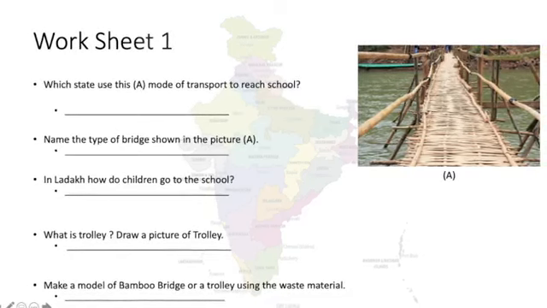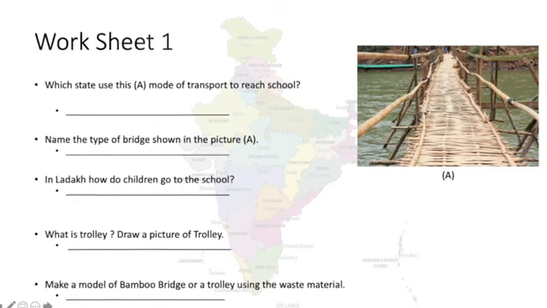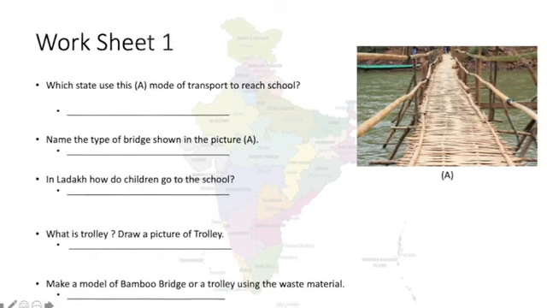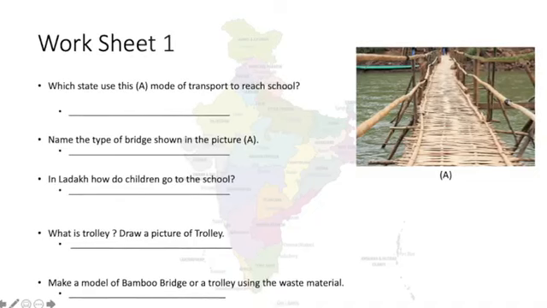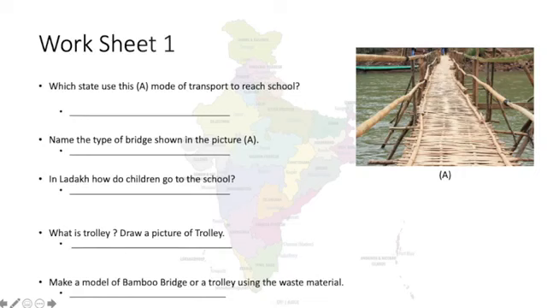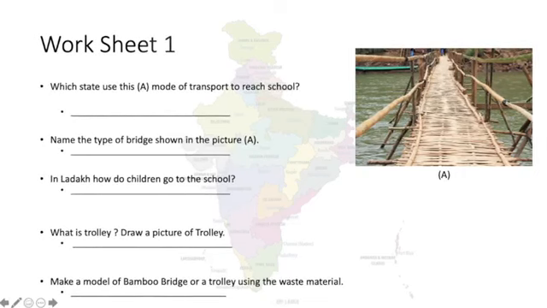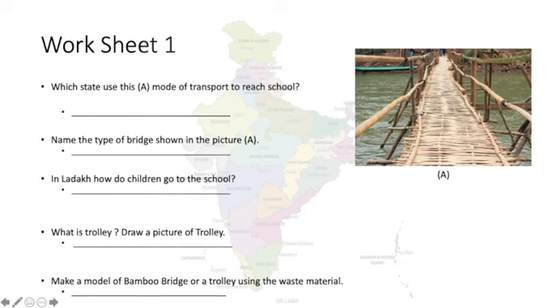Next question is, what is a trolley? Draw a picture of a trolley. The last question, make a model of a bamboo bridge or a trolley using waste material. Out of these two, you have to make only one.